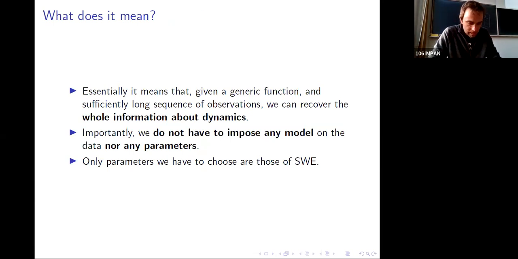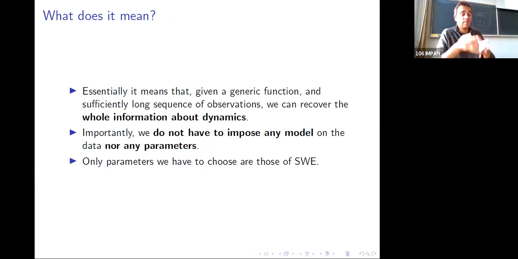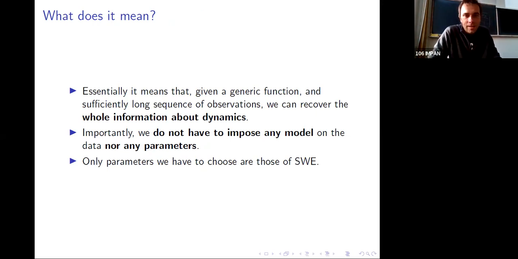The point is, if I'm dealing with a very long time series, I don't want to pretend to know the underlying dynamics. In fact, I don't want to make any assumptions. What I want to do is try to reconstruct this dynamics using Takens' theorem without imposing any model, without imposing any parameters of this model, just by using sliding window embedding.